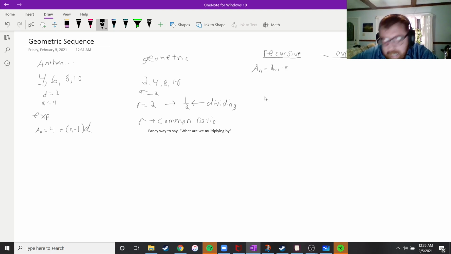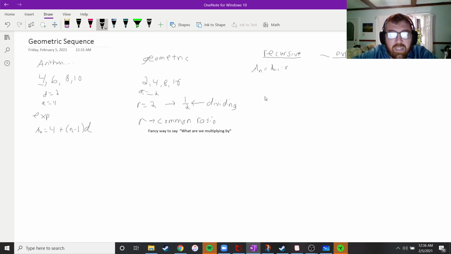Because, let's look at the 50th term. If I wanted to find the 50th term, I have to know the value of the 49th term. Well, what if I don't know the 49th? Then I have to have the 48th term to get the 49th, to get the 50th. Well, what if I don't have the 48th? Then I have to have the 47th, and so on. It's a very bad cycle of terms.